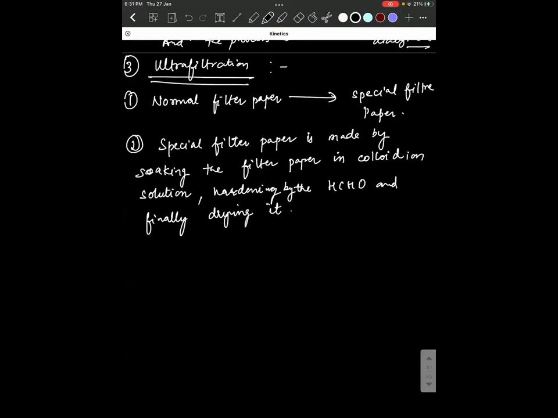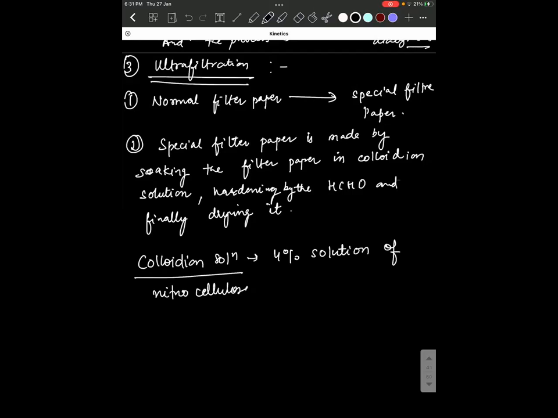Now what is colloidal solution? Colloidal solution is a 4% solution of nitrocellulose with a mixture of alcohol and ether.